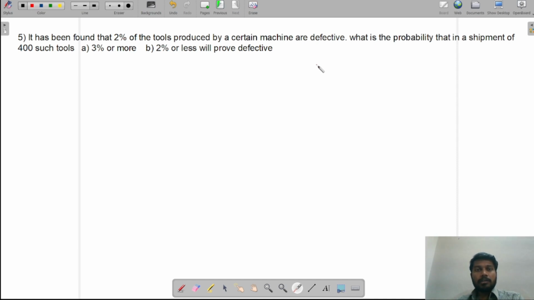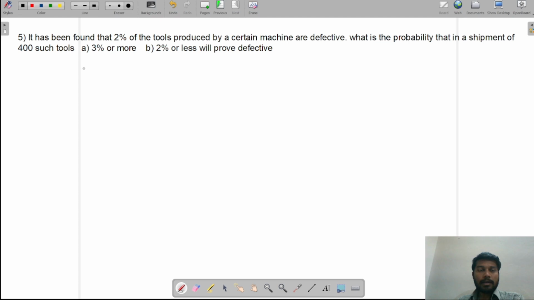Then what he wanted to find is the probability that in a shipment of 400 such tools. So 2% defective is nothing but, can I say, the given probability of the machine?